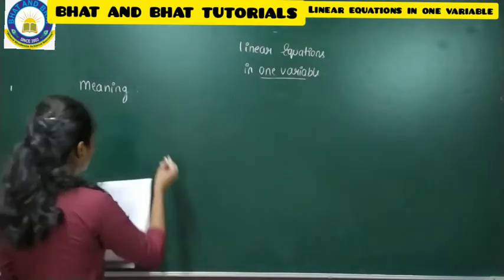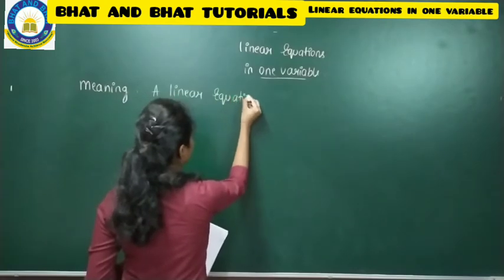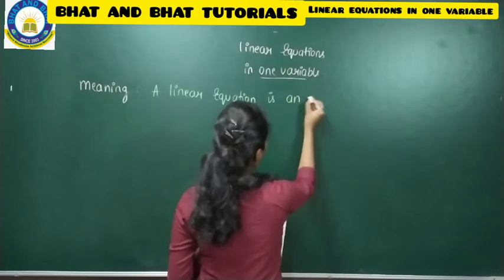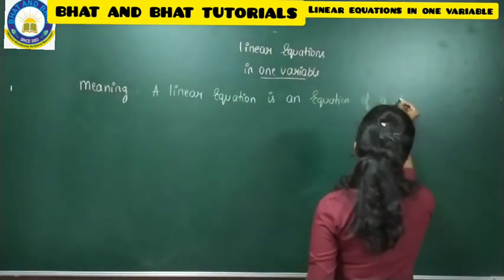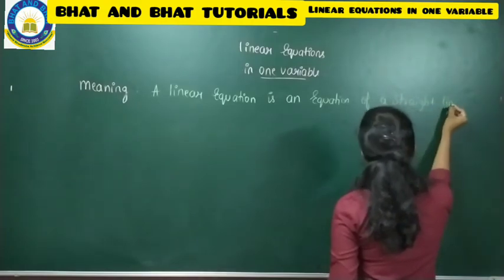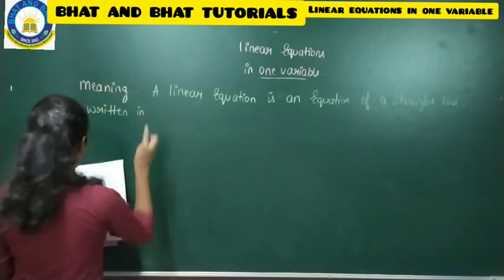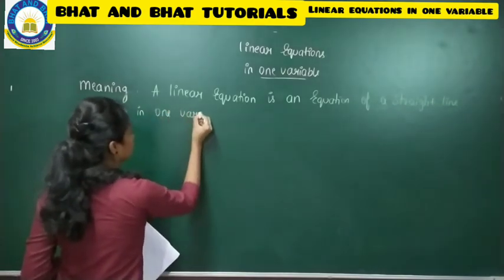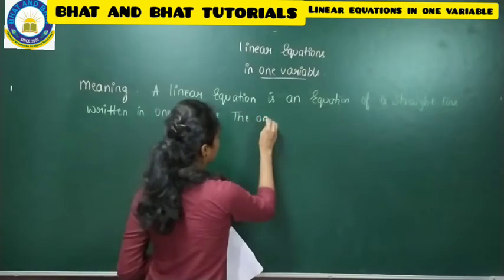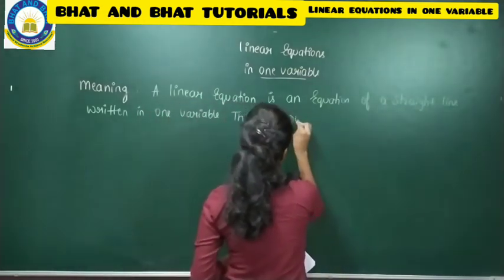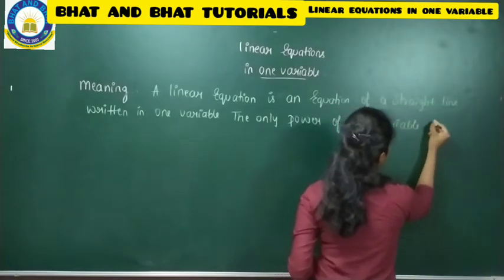The same meaning I'll be giving now. A linear equation is an equation of a straight line written in one variable, and the only power of the variable is 1.